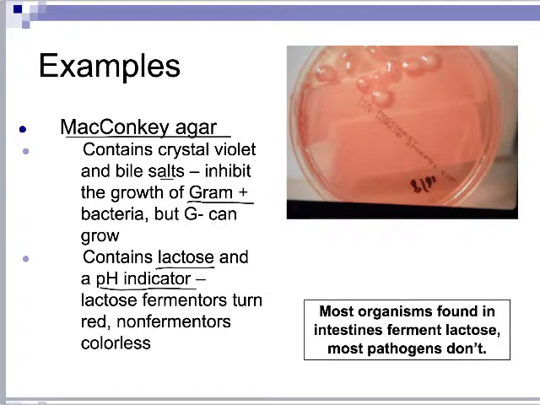If the organism can use lactose, it will ferment it, and when it ferments it, it makes things acidic, and the media will turn red. Things that can't use lactose are going to stay colorless. So MacConkey agar is a way to take a culture from somebody's gut and figure out what organisms are in there.